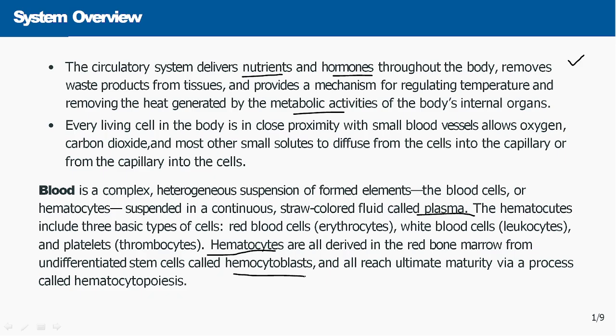From there, hematocytes are derived, and they lead to different types of cells, like erythrocytes, leukocytes and thrombocytes, and all reach ultimate maturity via a process called hematocytopoiesis. So, maturity occurs through this process, hematocytopoiesis. The cells in the bone marrow are known as hematopoietic, and they produce all these hematocytes.